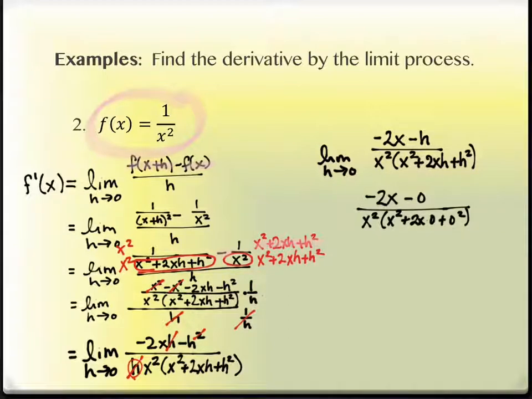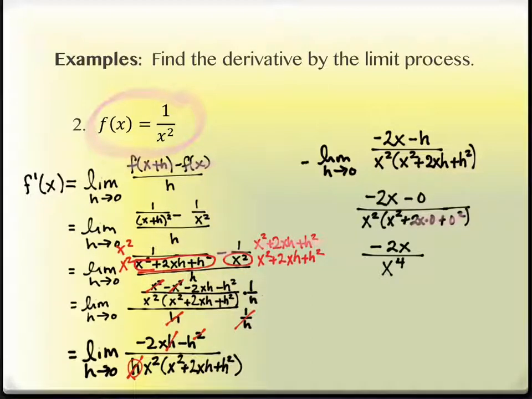All right, you don't necessarily have to show all of that, but that's what we're doing. We're plugging in 0 everywhere. So this leaves me with negative 2x on top, and these pieces both equal 0, so I have x squared times x squared, or x to the 4th on bottom. Always reducing, right?